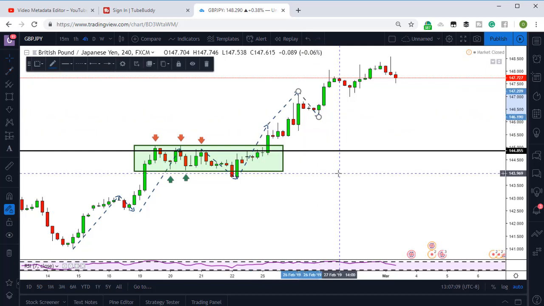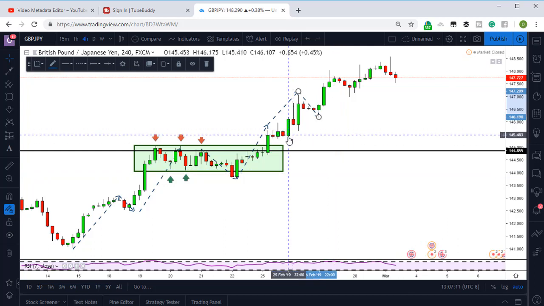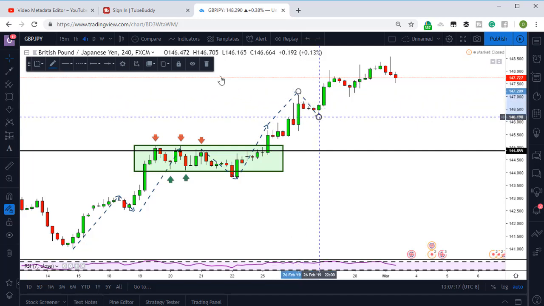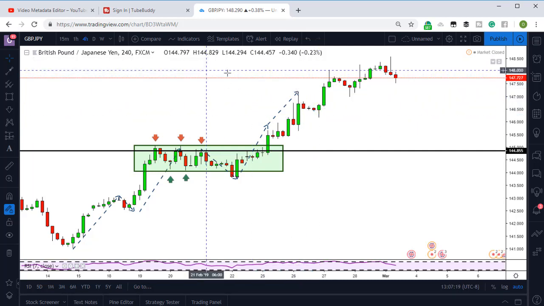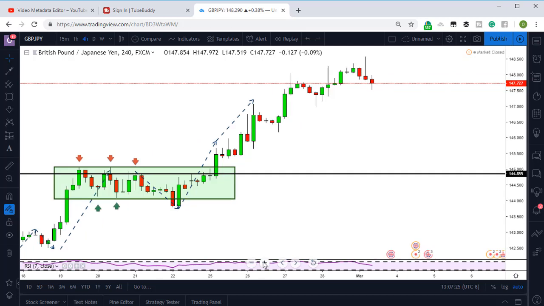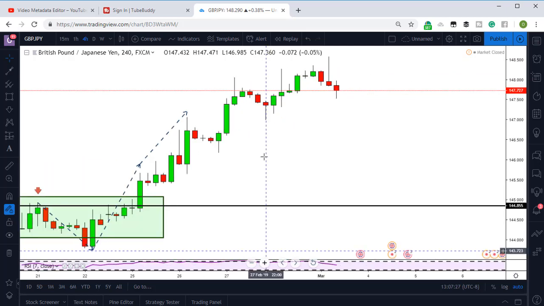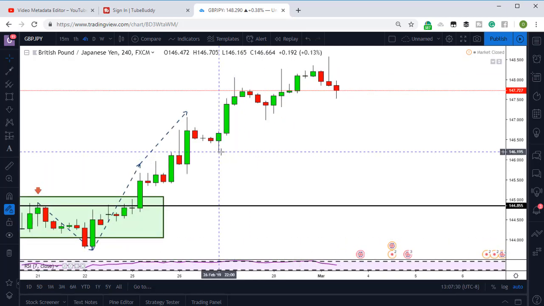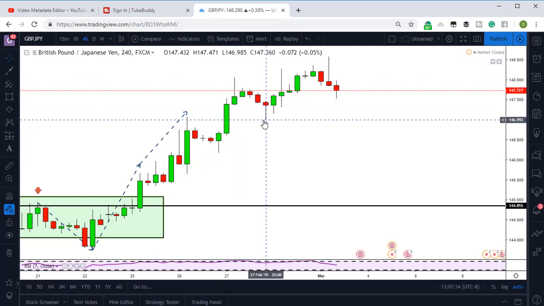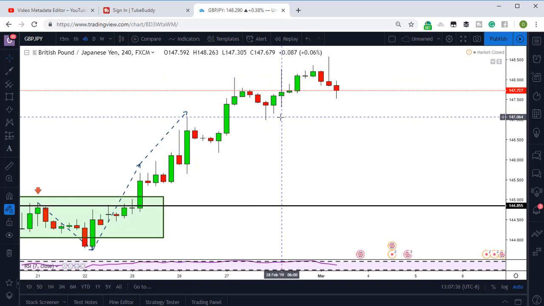Now, because we had a bit of a slowdown, we have to start the move from this level to this level, and you can see that we had a pullback. How much of a pullback is it from here up to here? Let's try to zoom in. From here up to here, we have this pullback. We're looking at an estimate. This is like a 40% pullback, 40 to 50%.